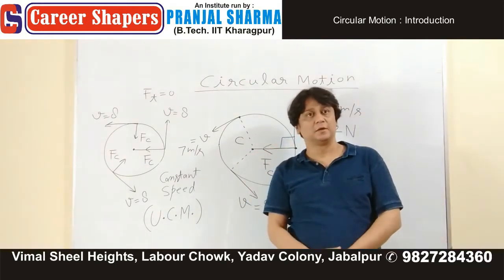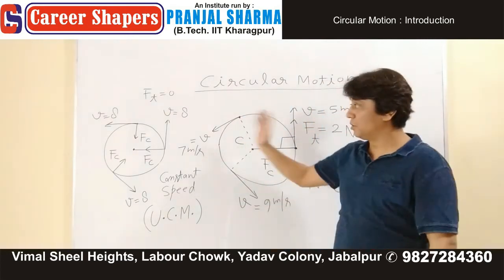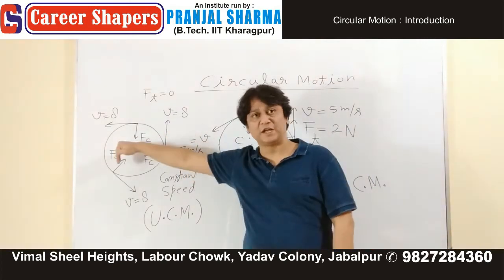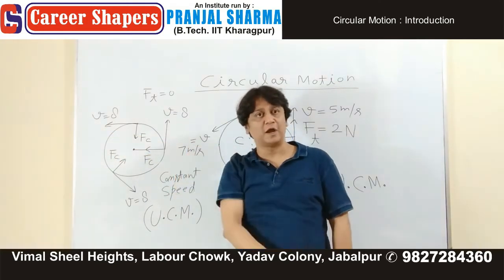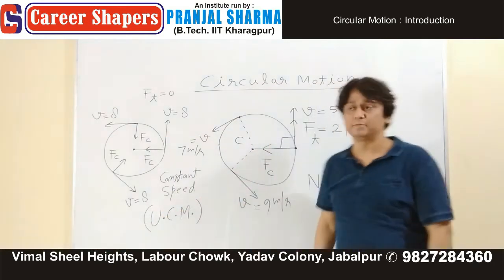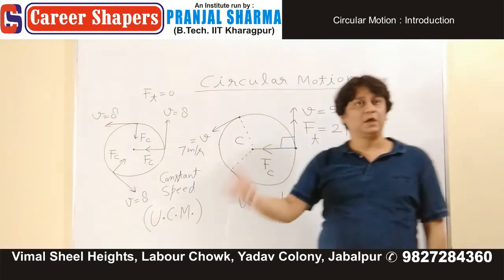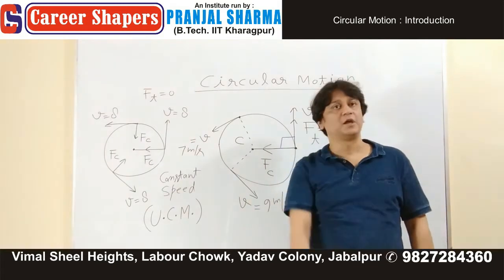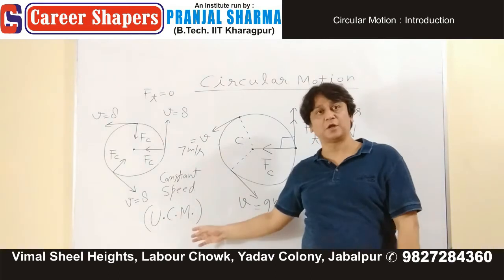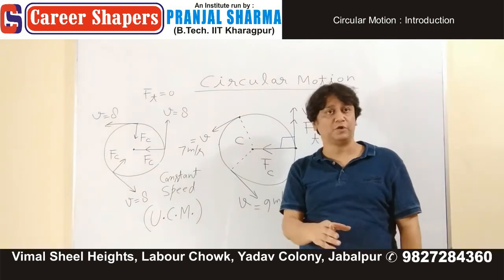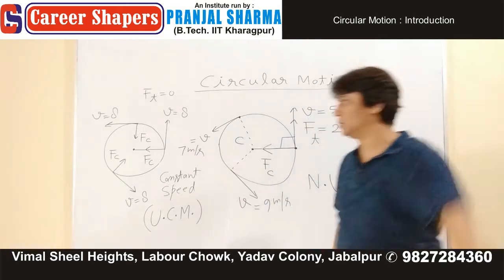It's a vector. Magnitude as well as direction. You know that direction always changes, and therefore in UCM as well as in NUCM, velocity will always change. Keep in mind, when you say uniform circular motion, it doesn't mean that velocity is uniform. It only means that speed is uniform. Write down this as a special note.